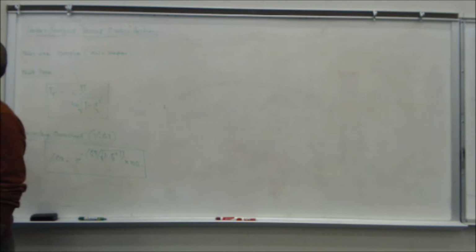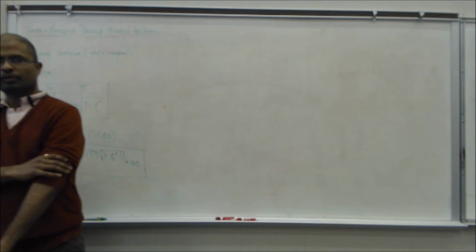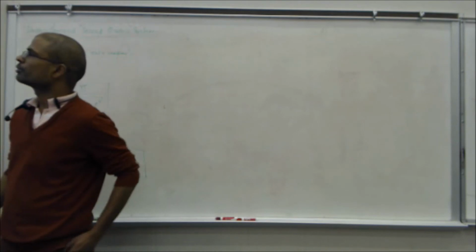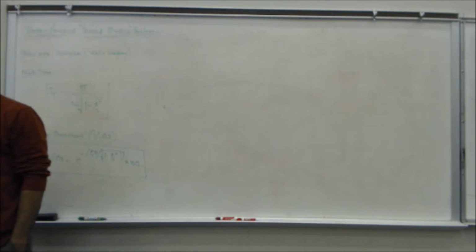So your 1 is the final response. Because it is a unit step input and it will be a unit step response, your 1 is the final response. So whatever the peak value is above this 1, that would be your percentage overshoot.